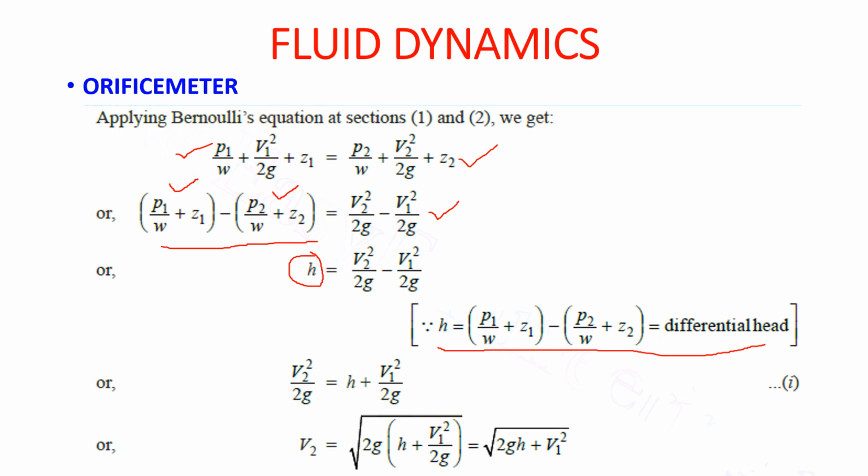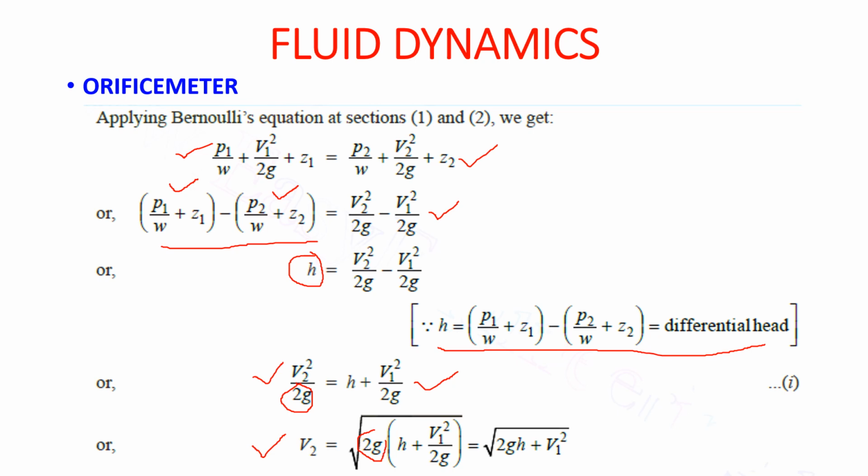Then now we are taking the velocity term on this side. So V2 square by 2G is kept as it is, and V2 square by 2G is equal to H, and V1 square by 2G will go to the left hand side. So we get H plus V1 square by 2G. Again, we want V2, so V2 is equal to, the 2G which we have taken here, divided by 2G will go to this side and become multiplication.